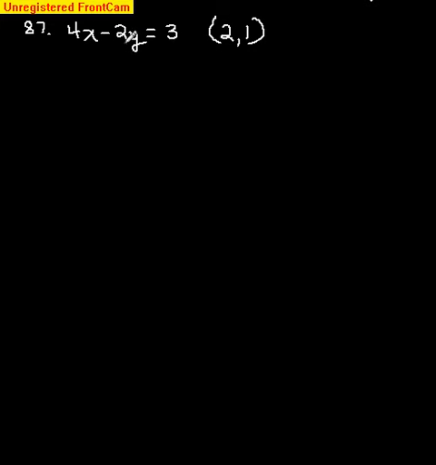So the first thing you have to do is solve it for y to get it in slope-intercept form. You get negative 2y equals negative 4x plus 3. Divide everything by negative 2, so you get y equals 2x minus 3/2.